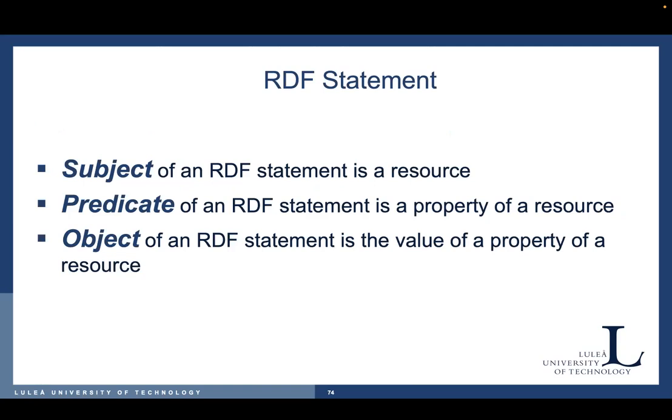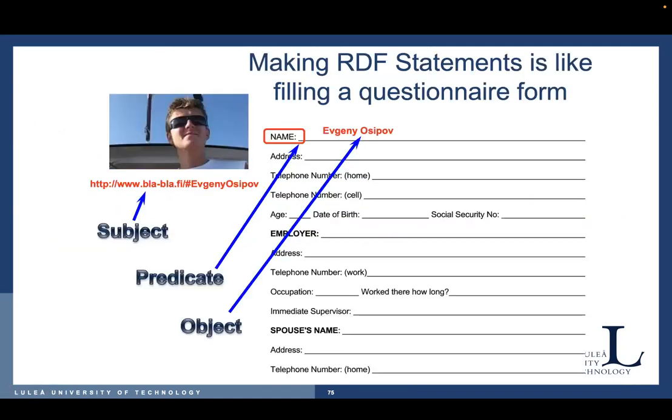The syntax is really simple: subject, predicate, object. Subject is a resource that we want to annotate. Predicate is a statement, it describes the property of the resource, and the object is either a value or another object. Creating RDF statements is very similar to filling in a questionnaire form.